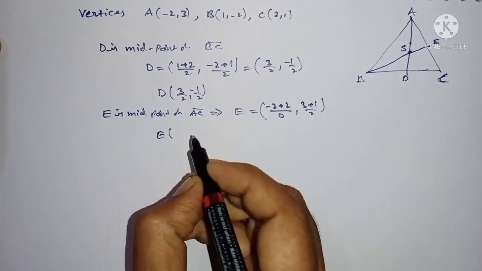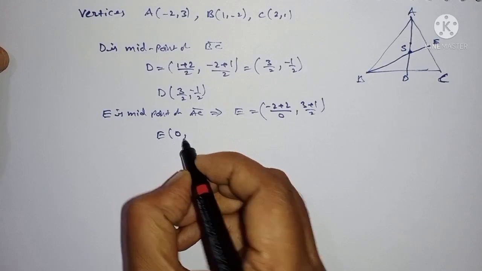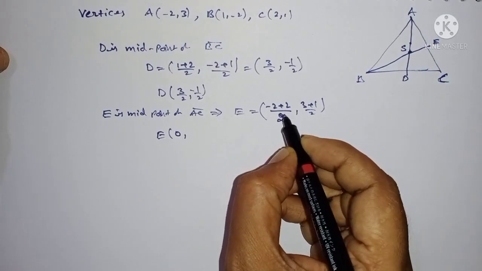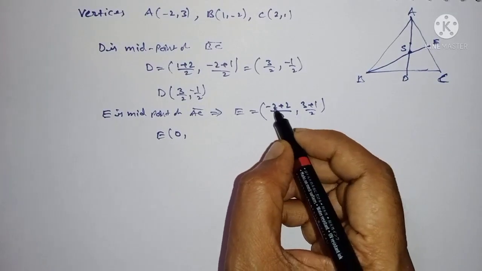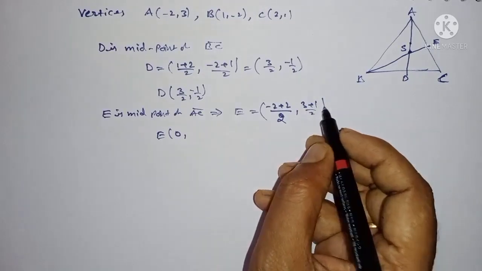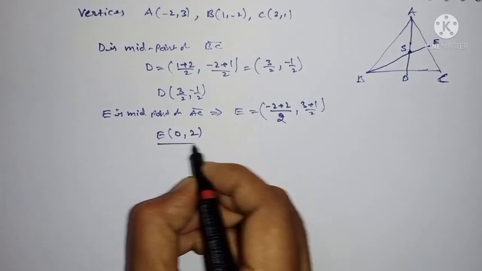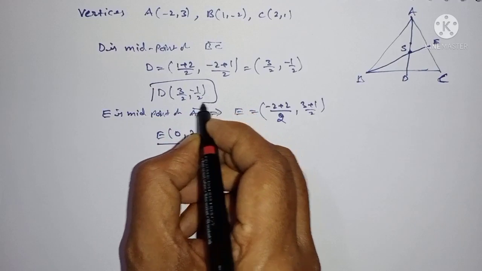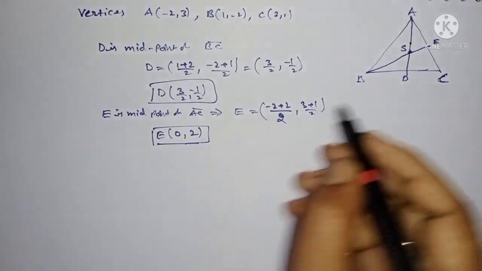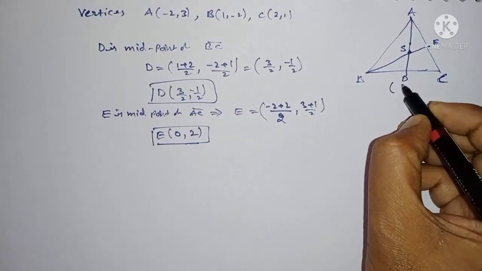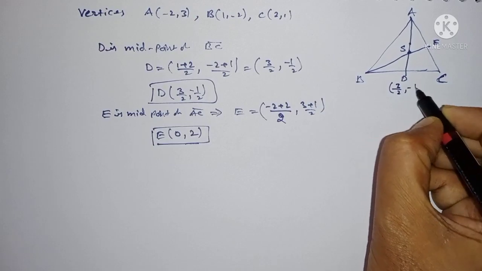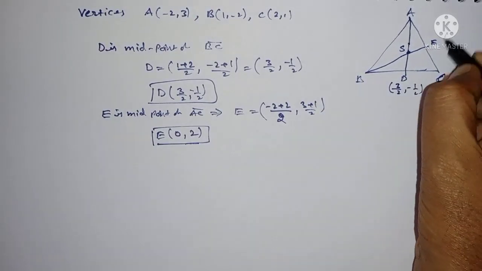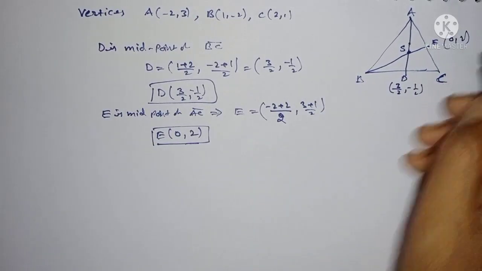Therefore, E is equal to, minus 2 plus 2 by 2, this is 0 only. 3 plus 4 by 2 is nothing but 2. You got here D point, that is 3 by 2, minus 1 by 2. E is, how can I write here, 0 comma 2.